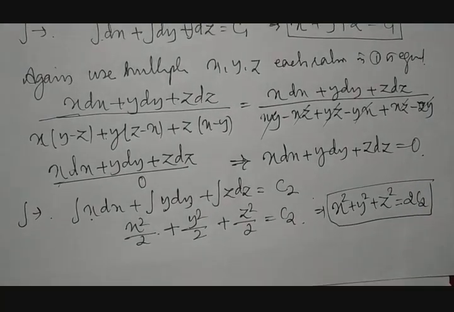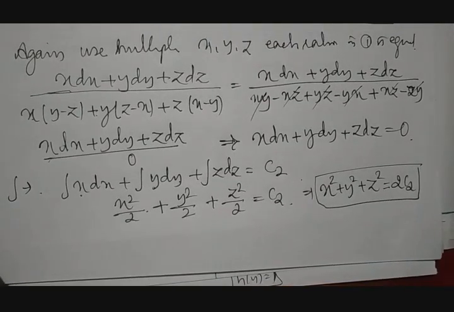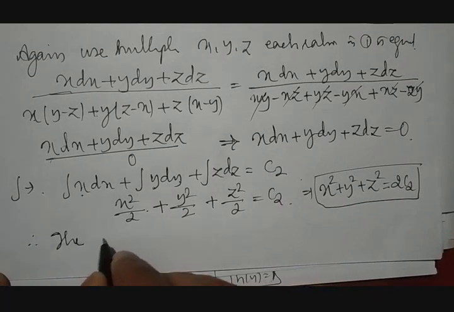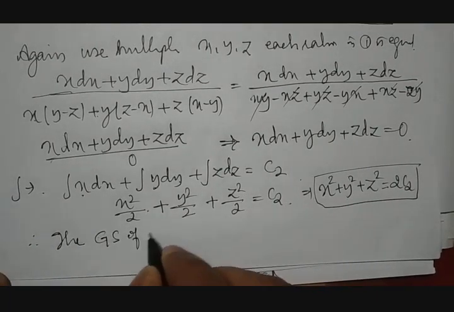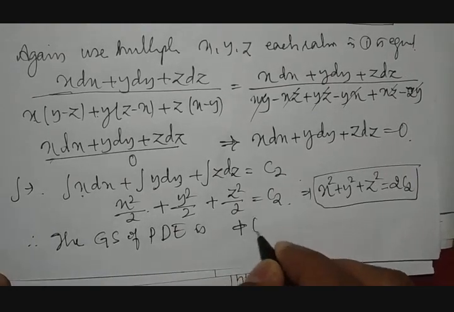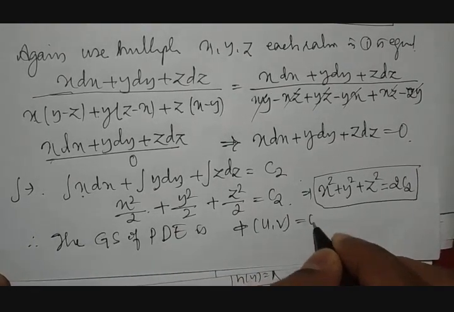Then what will be the general solution for this given partial differential equation? The general solution is pi of u comma v equal to 0.